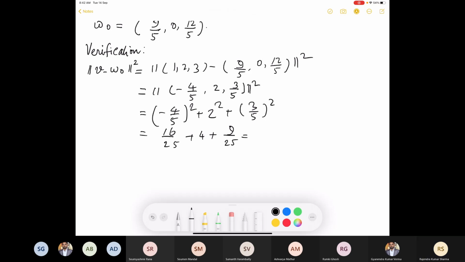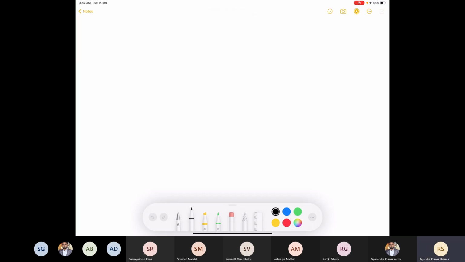And you have 1 plus 4, so that is 5. So the norm is, you will take the square root of this. So the norm of V minus W naught is square root of 5. Now we want to see that the norm of V minus W for any arbitrary W is always greater or equal to square root 5. Okay. So let us take W to be here.